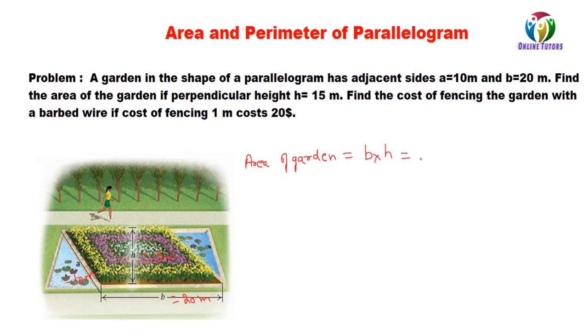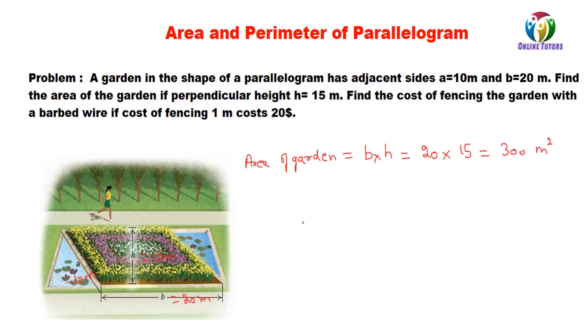B is equal to 20 and H is equal to 15 meters. These are in meters, so the result will be in meter square. So 15 into 20 will be 300 meters square.